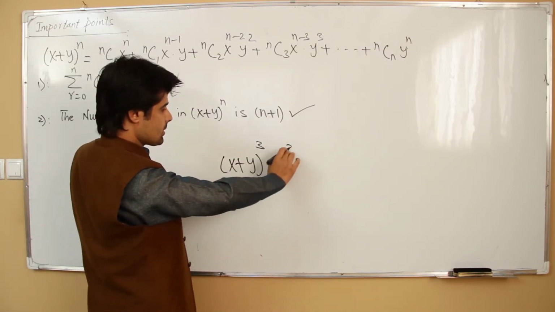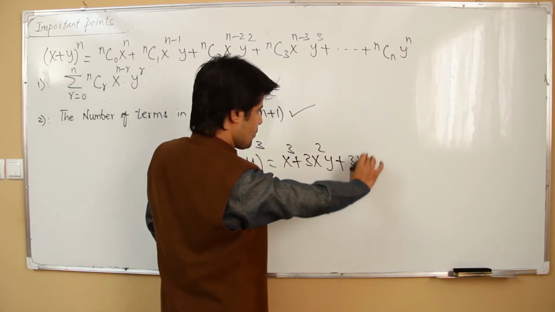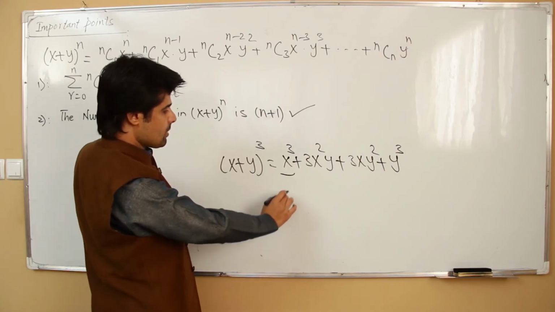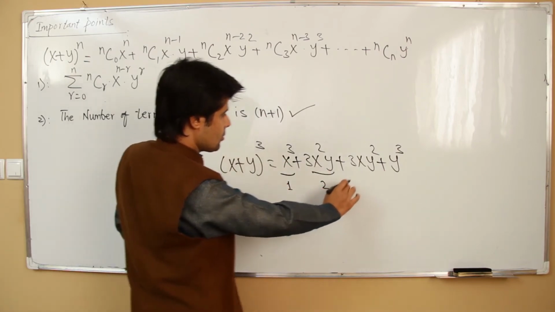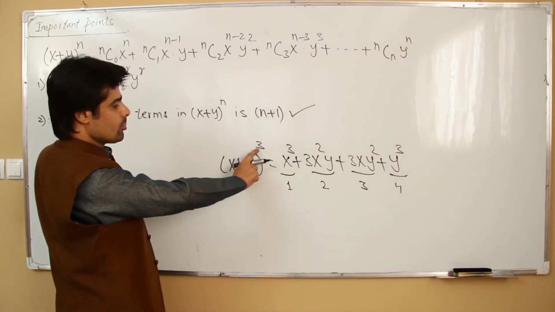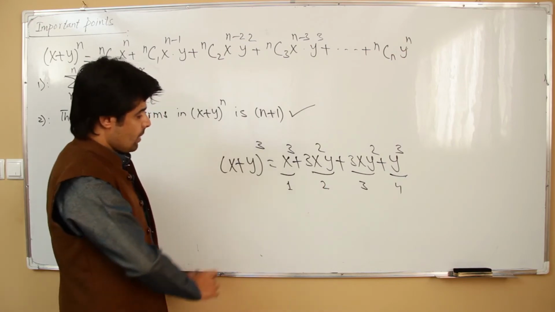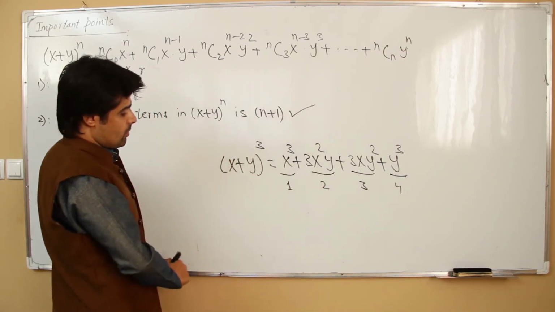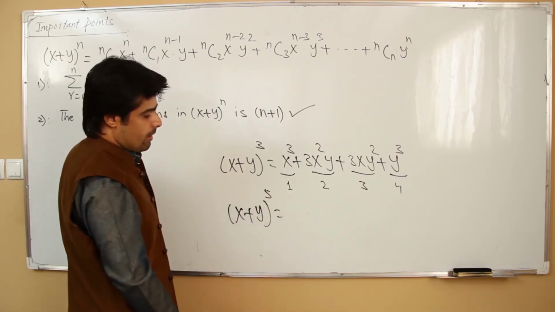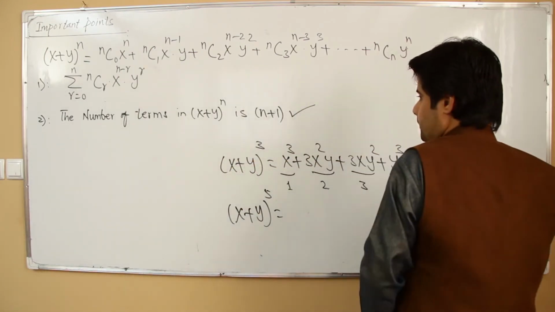It's x cubed, 3x squared y, 3xy squared, plus y cubed. Now, how many terms? 1, 2, 3, 4. And this 4 is 3 plus 1. How many terms do we have in x plus y raised to the power 5? We have 6 terms. I think you have got it.